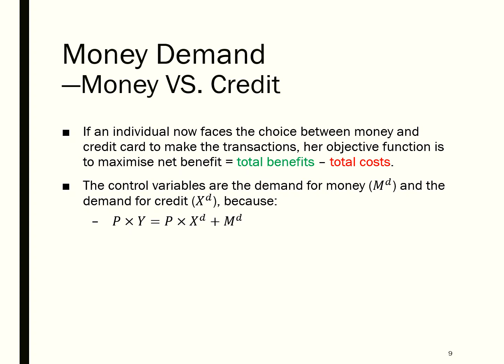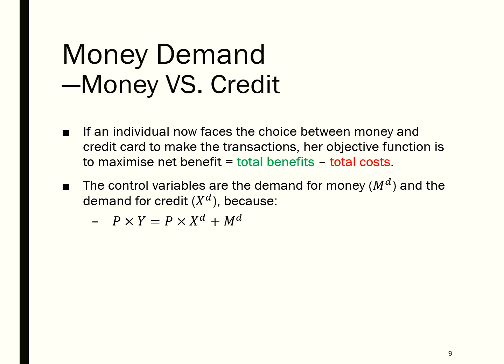If you have to buy everything by money or credit, then here is an accounting identity. The total output you have to purchase is equal to Y, and P is the nominal price of this output. So P multiplied by Y is the total demand in nominal terms. They have to be paid either by money or by credit.